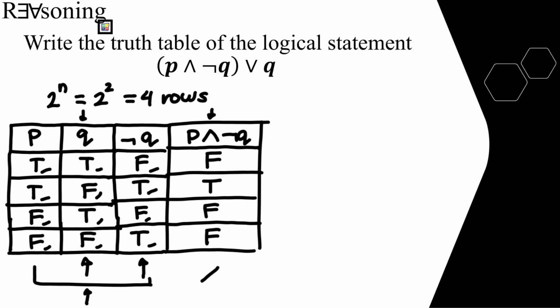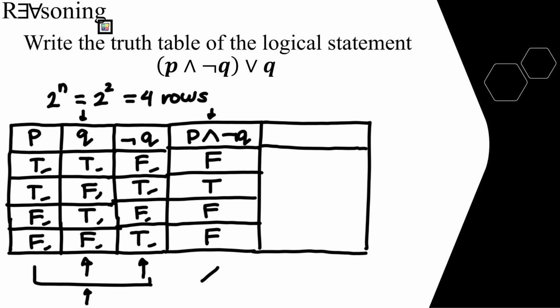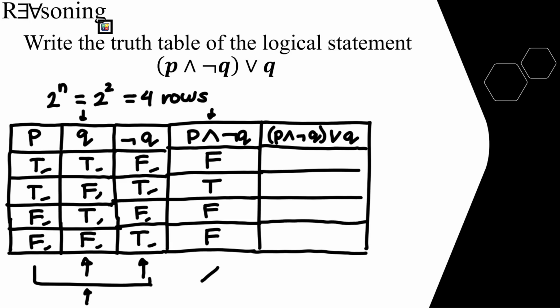Finally, going back to our second column to be paired with our result here, we'll have the disjunction of both. So again, this is either P and not Q, or Q. Now, for some of us who have problems with this, there is another suggestion, because Q is far from this result here.